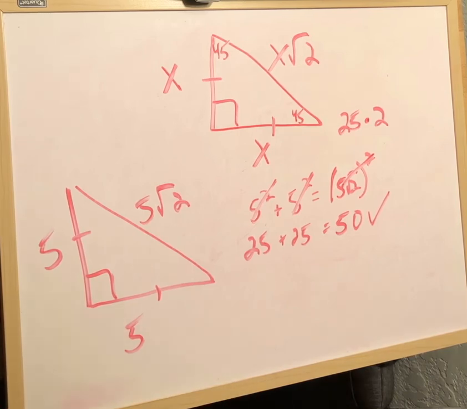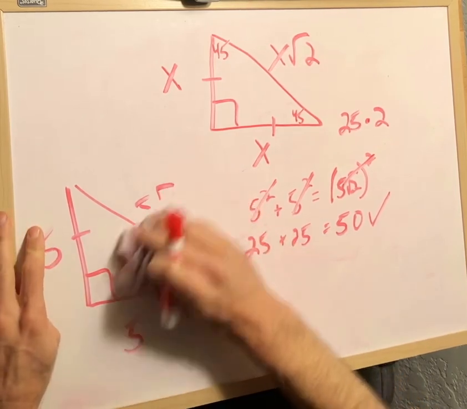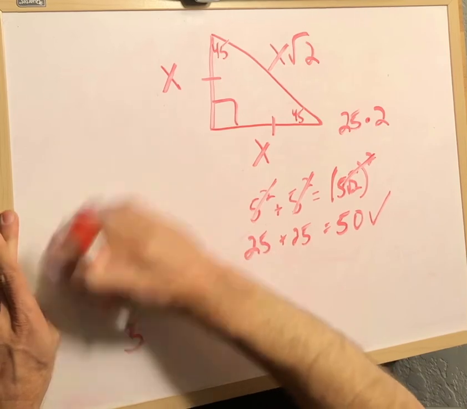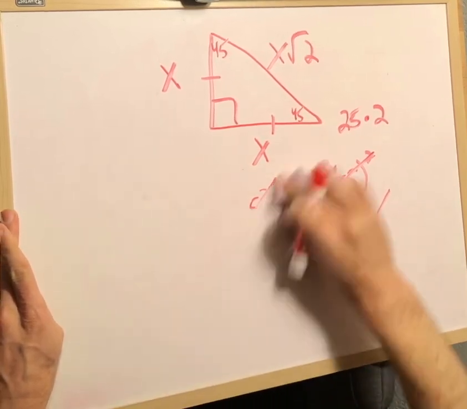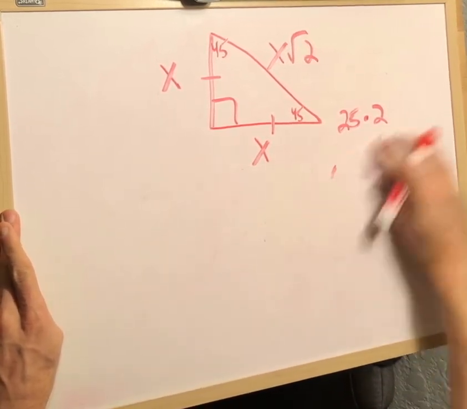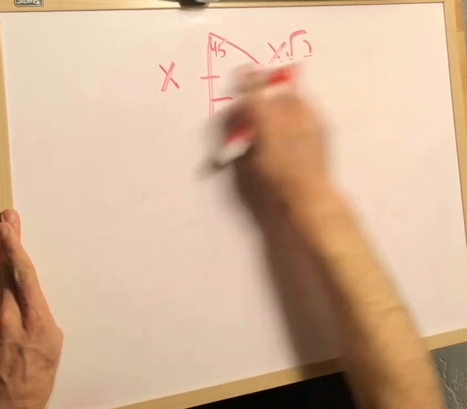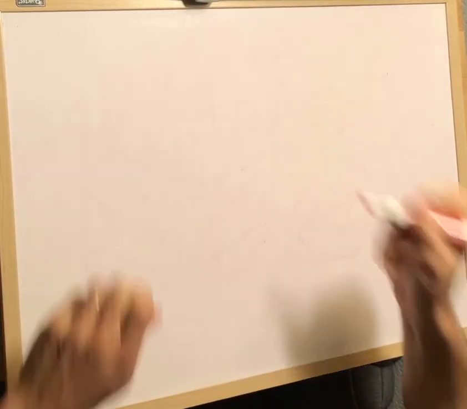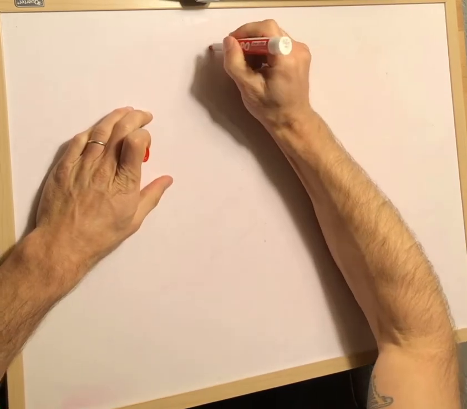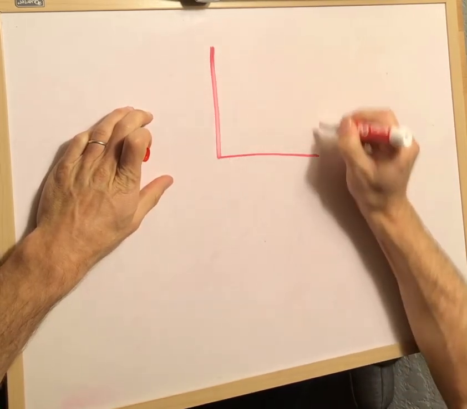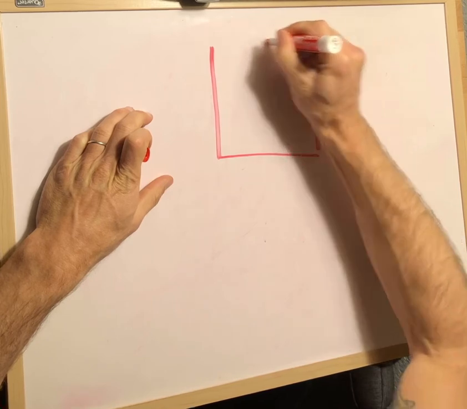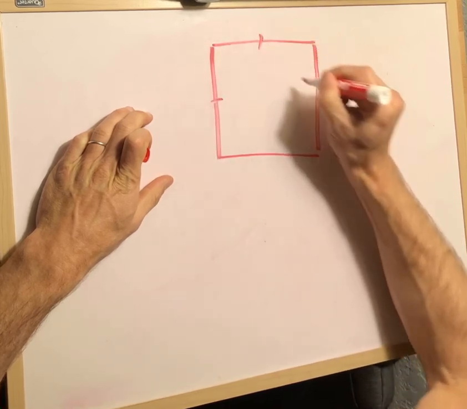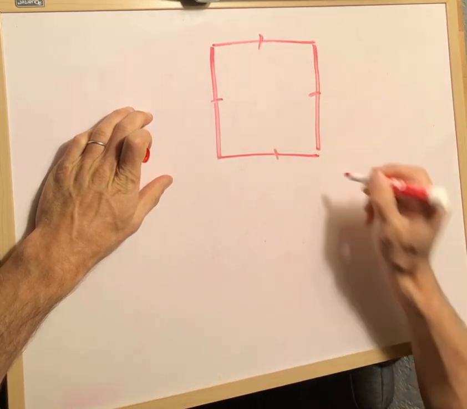I'm going to give you a question to try that's not in the notes. But let's see if you can do this before I give you one more. Let's say you have a square. You know that a square at every single side is the same.